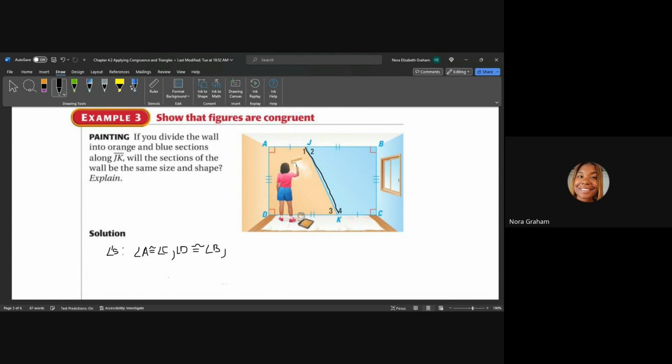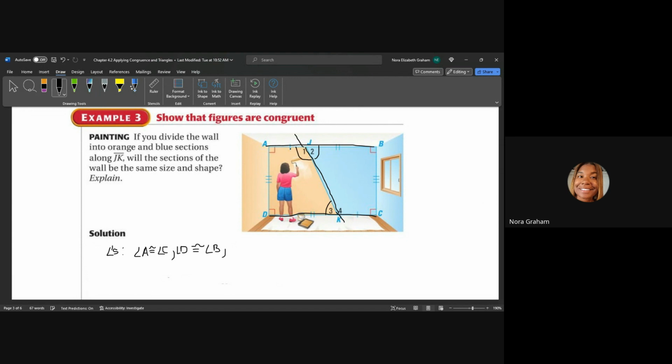And now let's see some more corresponding angles. Now they do show, since these are parallel lines, and what we learned from chapter 3 is we have a transversal cutting our parallel lines, then we can see our angle relationships. So if we look at this to be our transversal and A and B and D and C to be our parallel lines, then that means 2 and 3 are going to be congruent because of alternate interior angles.